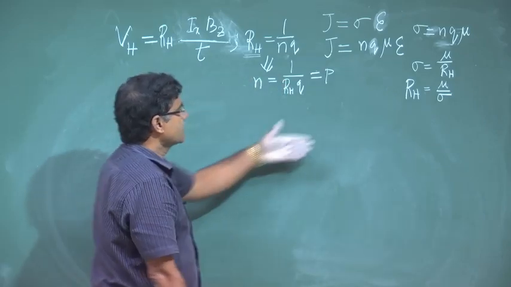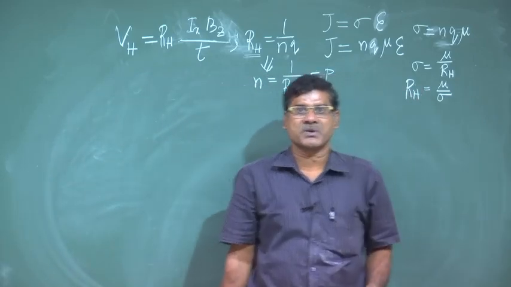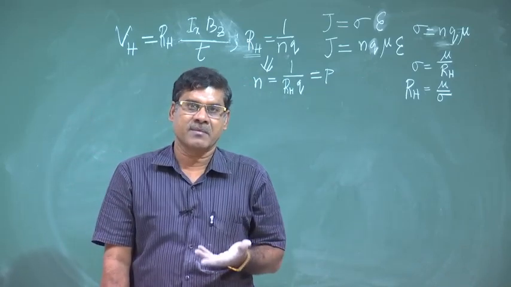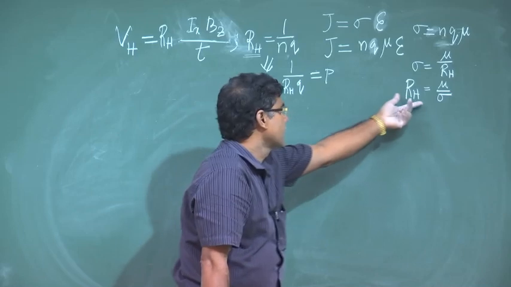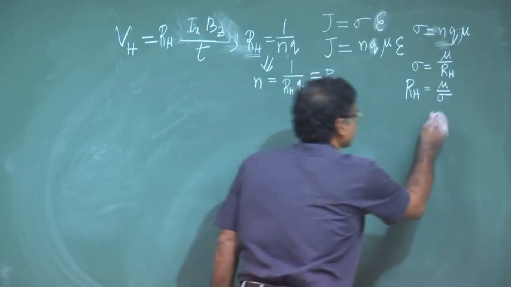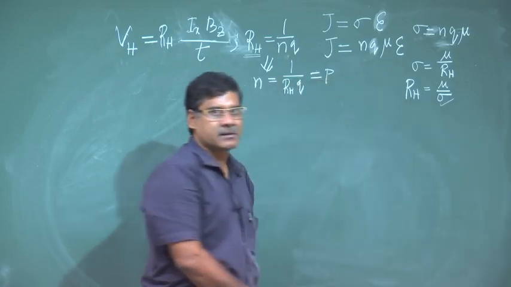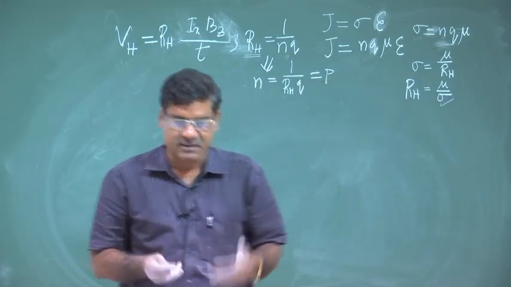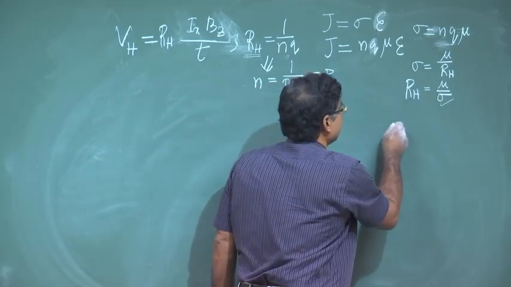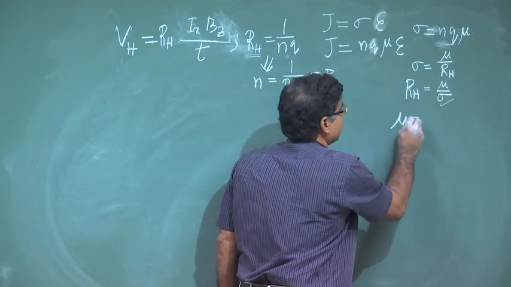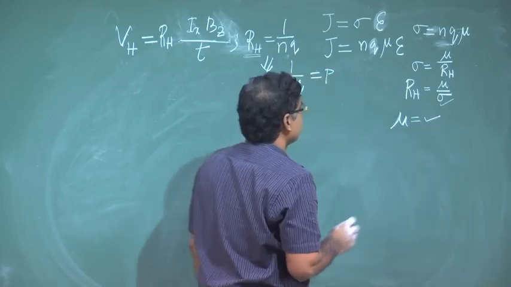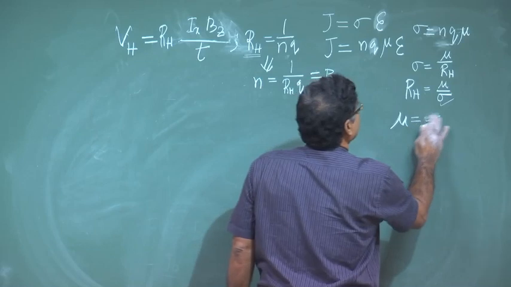So, if I measure or determine experimentally the Hall coefficient RH, and if I can measure the conductivity of that same sample, then I will get the mu value.